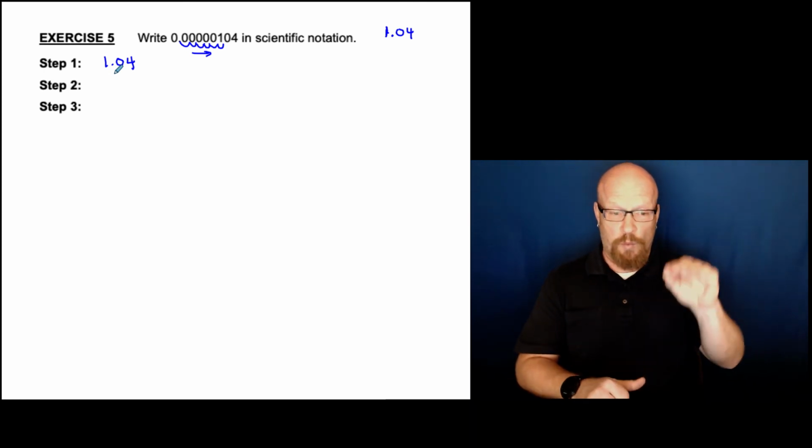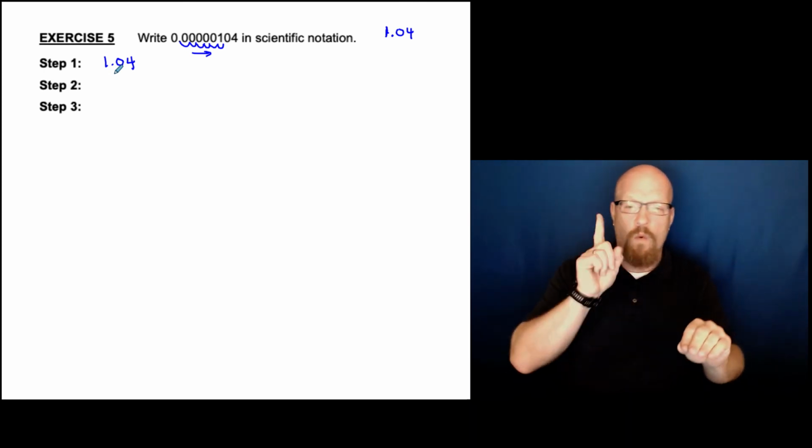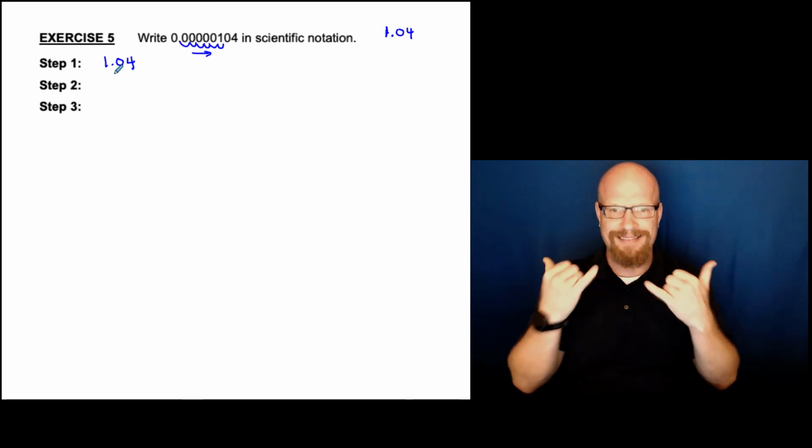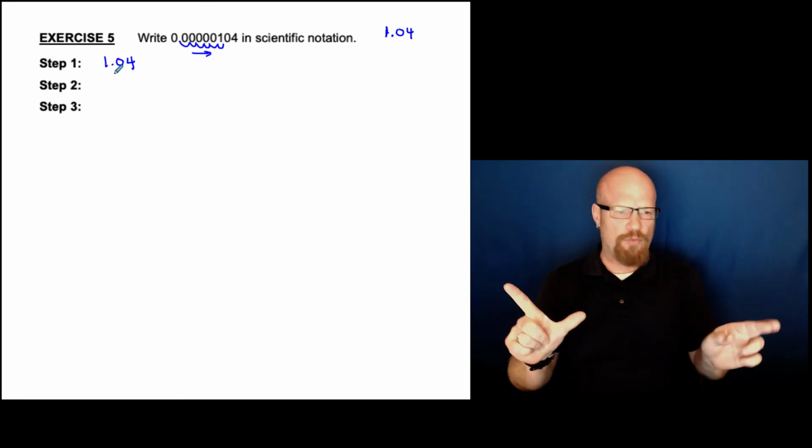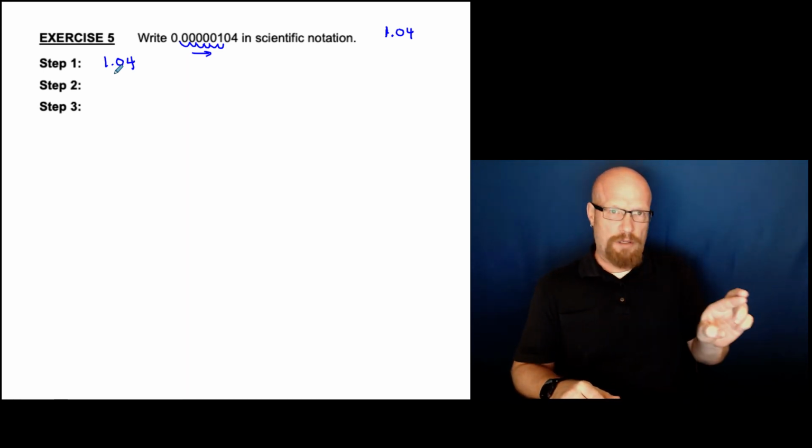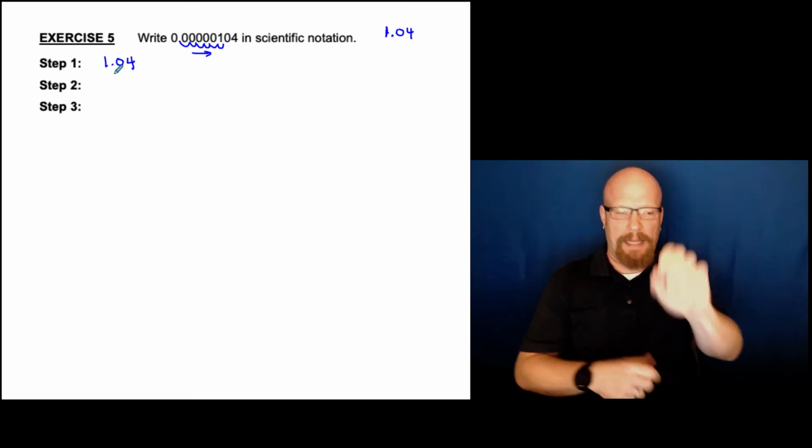So our first step is to move the decimal point to where it's 1.04. Now, how many places did we move left or right? We moved 6 places to the right, meaning this will be a negative exponent.